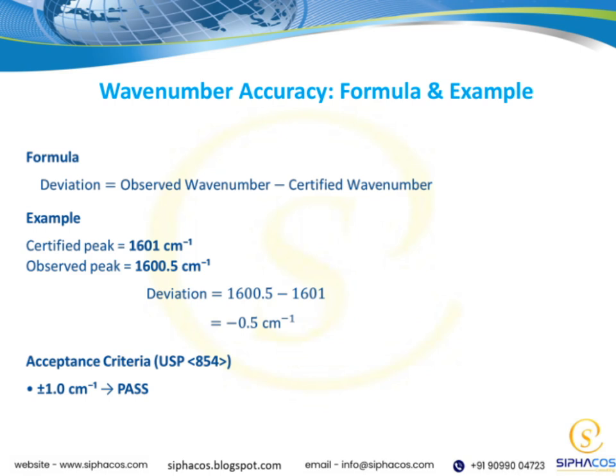Multiplying by 1,000,000 converts this into parts per million, resulting in 2.5 ppm. This example illustrates how small deviations can be quantified precisely, and it highlights the importance of understanding and calculating this accuracy for reliable spectral analysis.